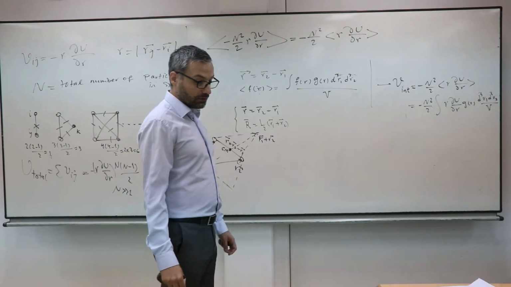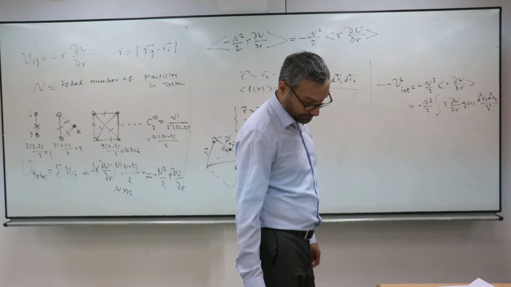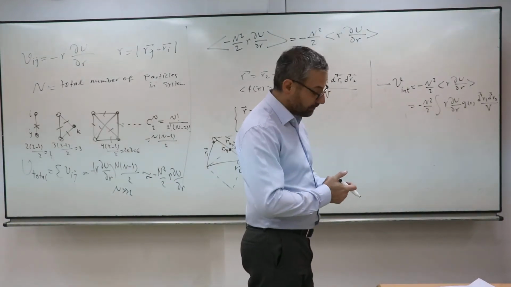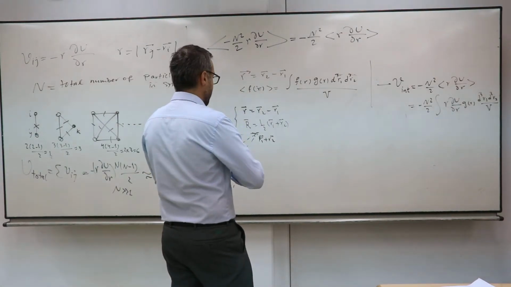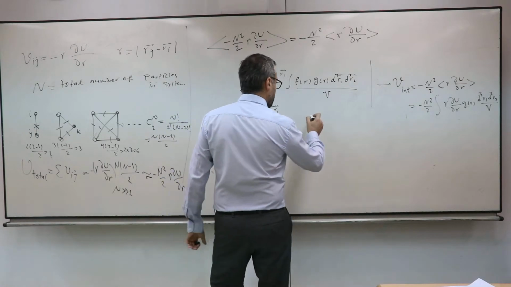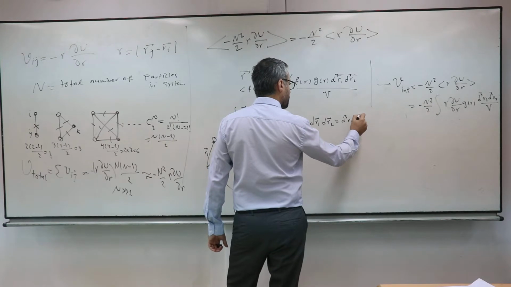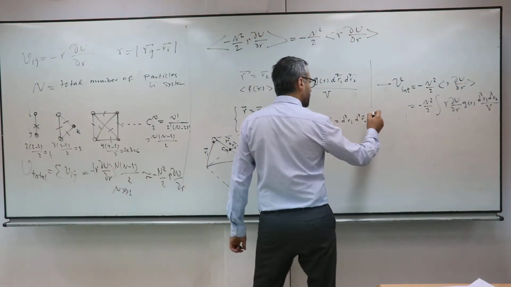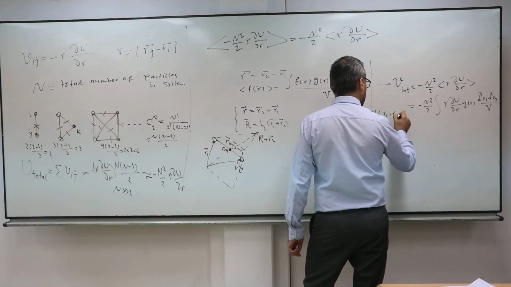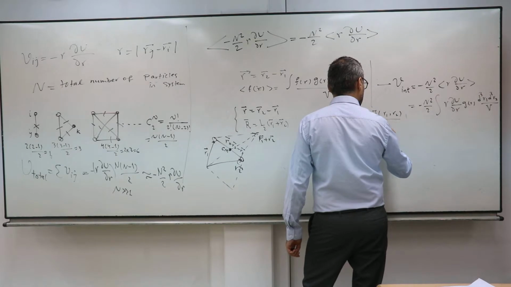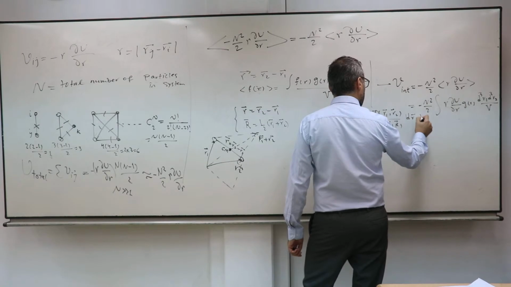You need to know how to change the volume integral from this to that. d cubic r1, d cubic r2 will be the Jacobian of the transformation from r1, r2 to R and r, d cubic R, d cubic r.